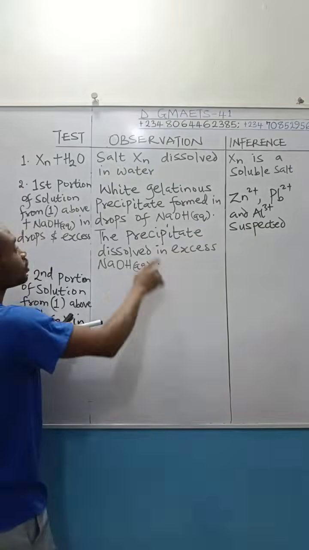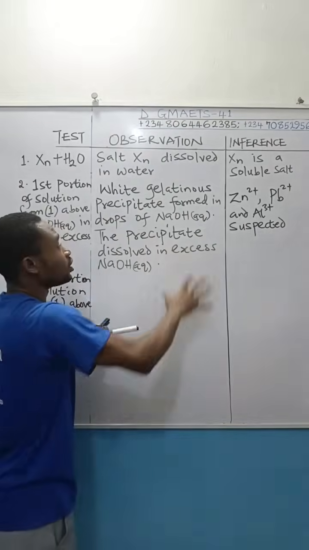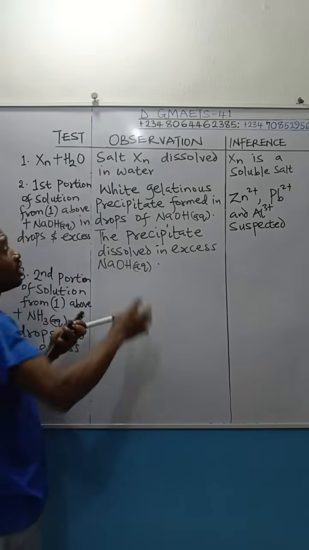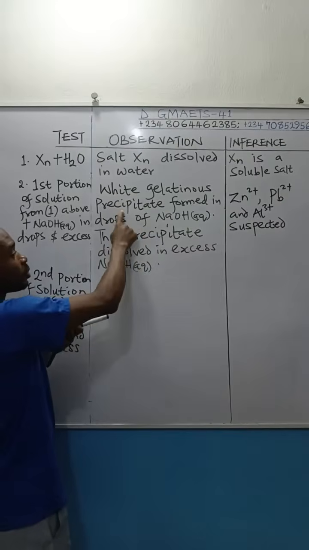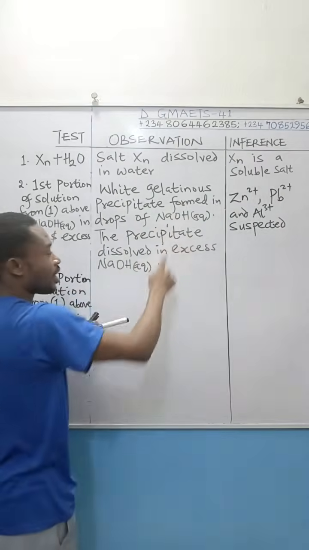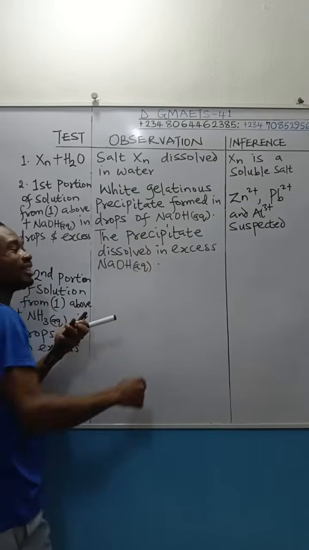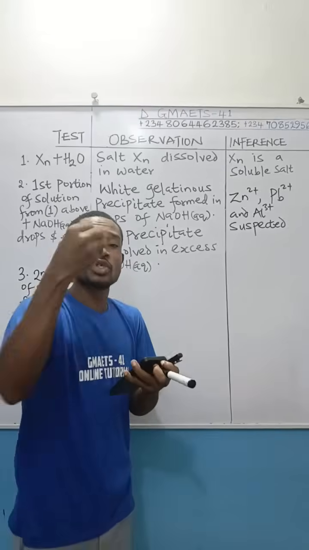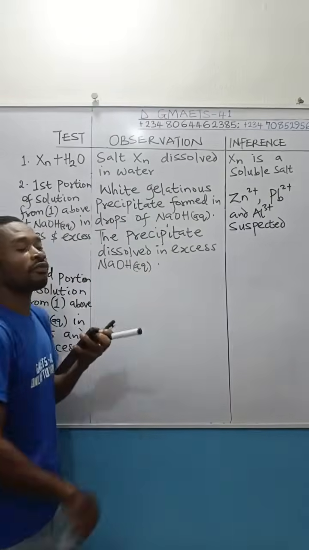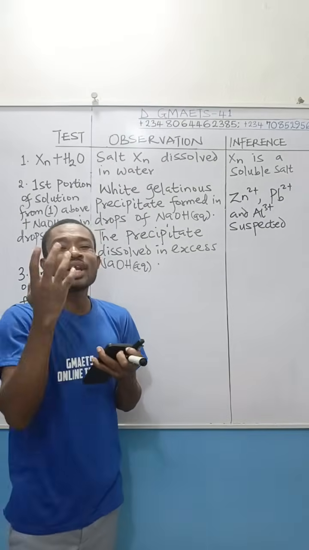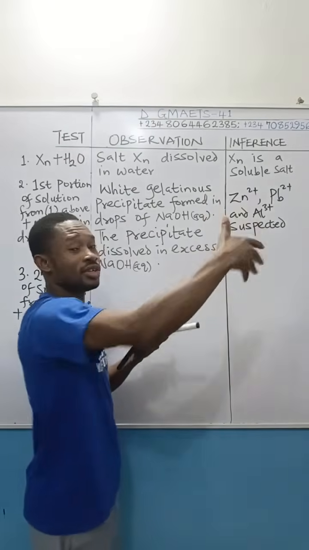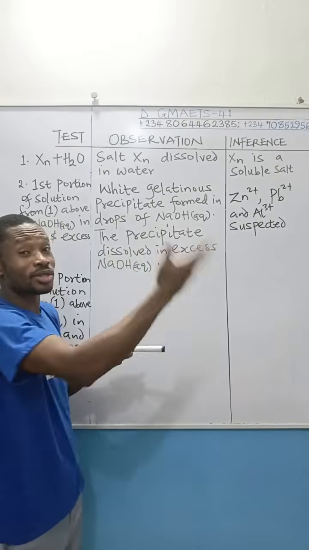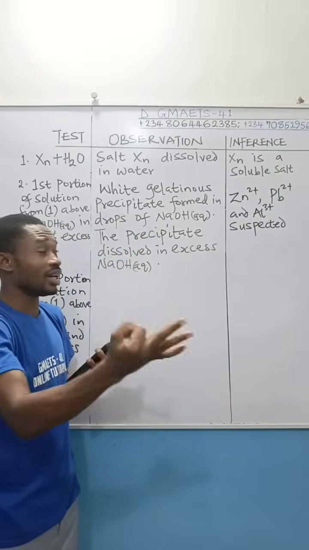Two, the white precipitate formed will not dissolve. That is to say, if this were calcium, the observation would be white precipitate formed in drops of sodium hydroxide, and the precipitate remained insoluble, or did not dissolve, in excess of sodium hydroxide. And it is only calcium out of these 4 white salts, because I mentioned calcium, zinc, lead, and aluminium.